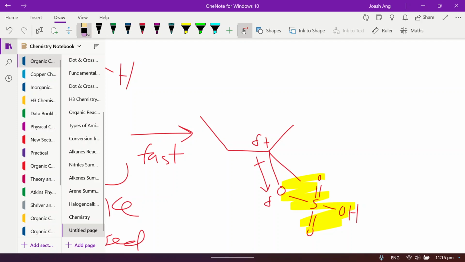Okay, this one should be negative. And thus, you can see that water, acting as a nucleophile, can attack the electrophilic carbon right here so that I'll form my alcohol. Okay?